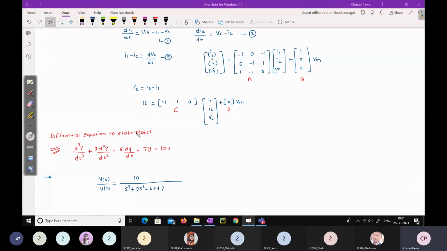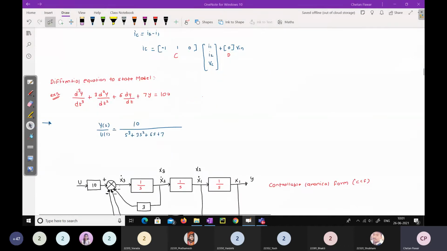If a differential equation is given, how will you find the state model? Here the differential equation is given. I have used the Laplace transform and converted this differential equation into the Laplace domain. This will be the transfer function, right?